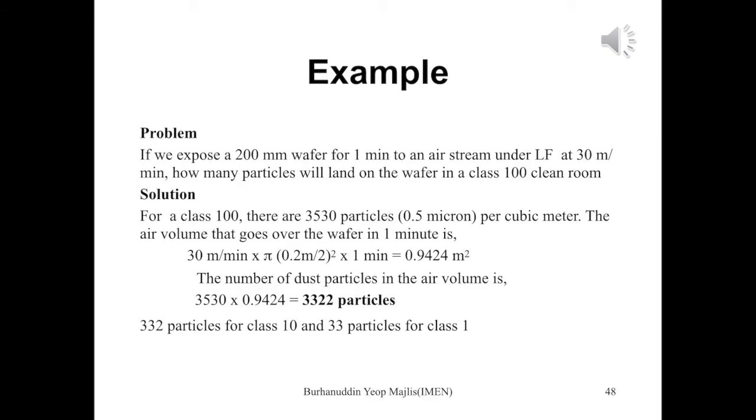So in class 10, for example, we can replace the one. So we get 332, and in class 1 we get 30 particles settling on the wafer, of 0.5 micron particle size.